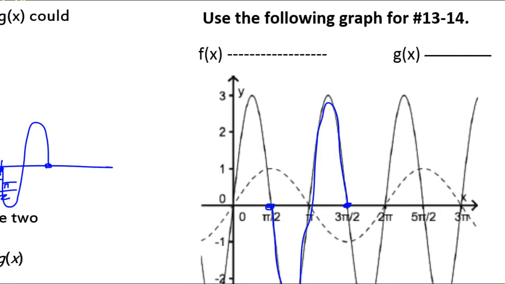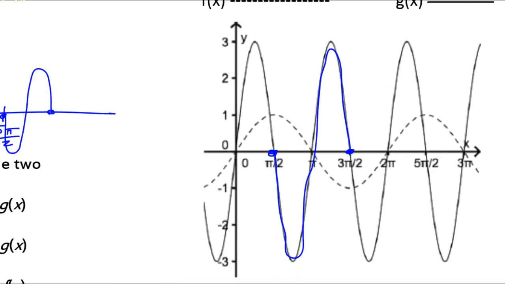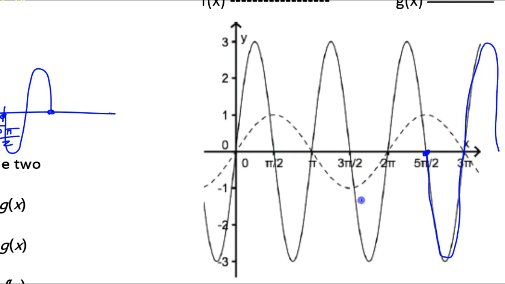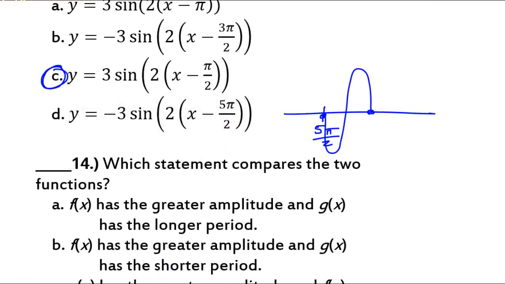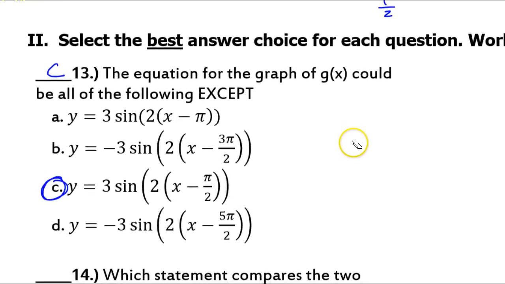Let's take a quick look one more time. Here we are at positive 5 pi over 2, and from there it does go down first and then up. So they all worked as expected except for C. C is the answer to number 13.